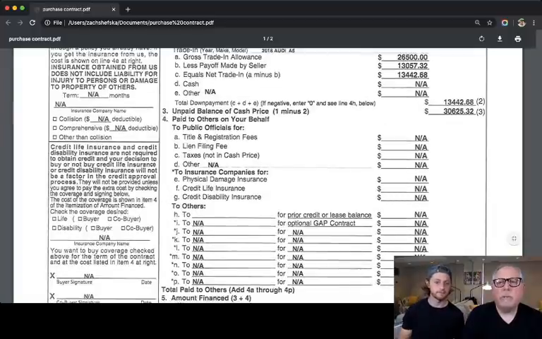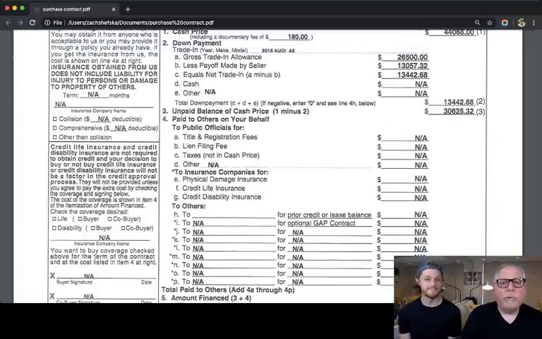Okay. So you can see that paid to others on the customer's behalf, there are no fees because apparently, this was an out-of-state deal. How did you know? Because there's no fees.